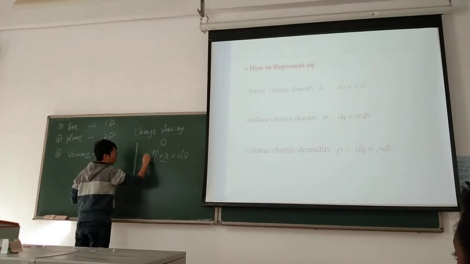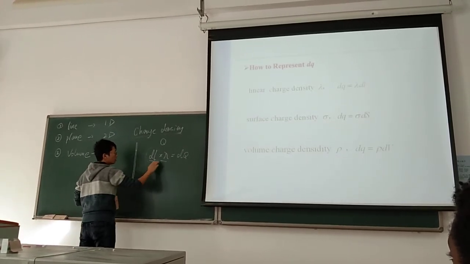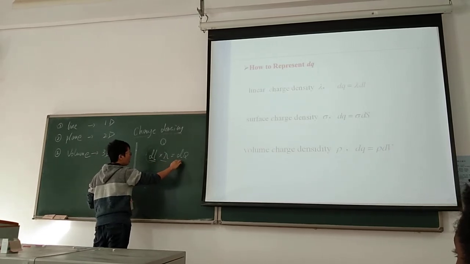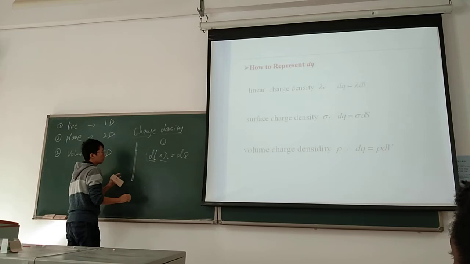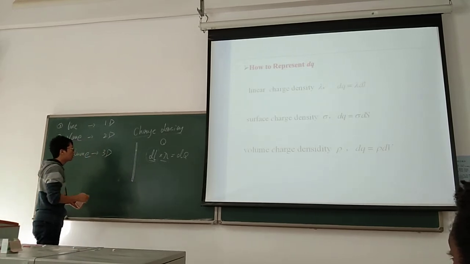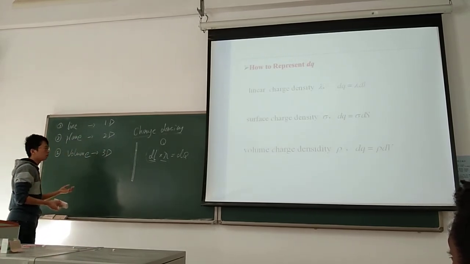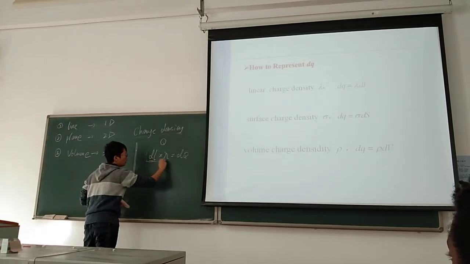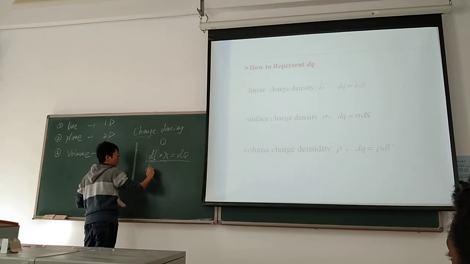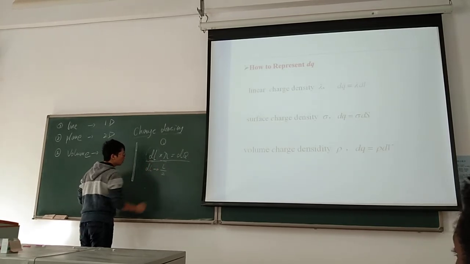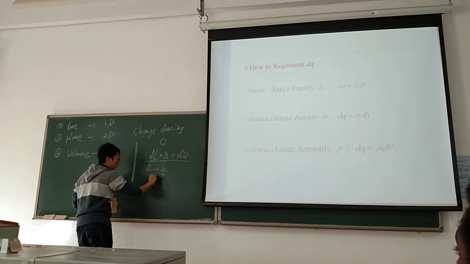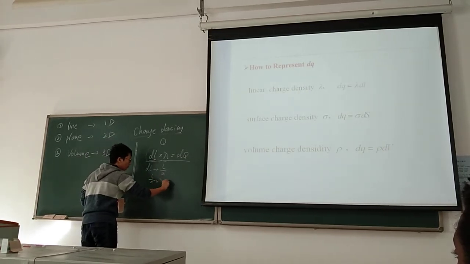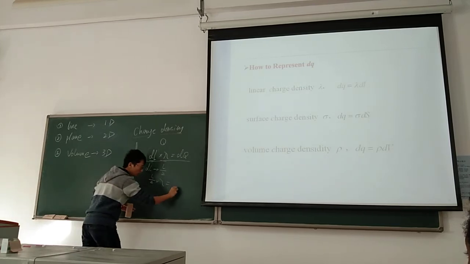Small pieces of the line times the charge density equal the charge in these little pieces, similar to how we calculate the mass density for materials. For example, if dl equals half L, then half L times lambda should equal half Q.